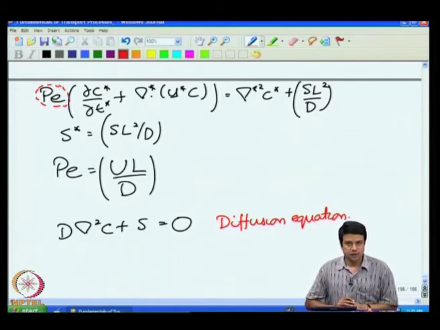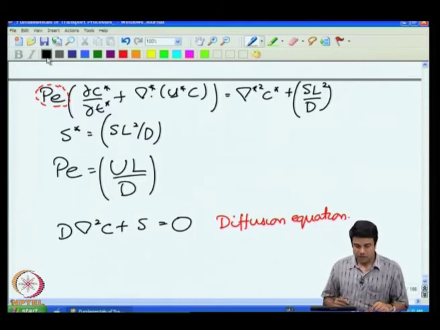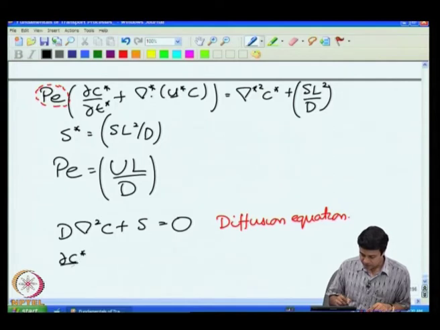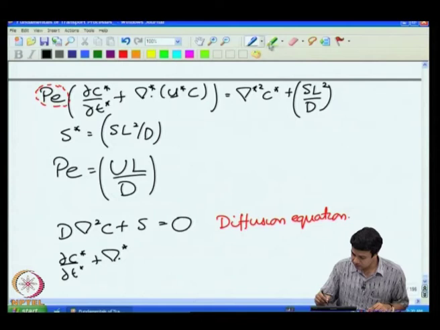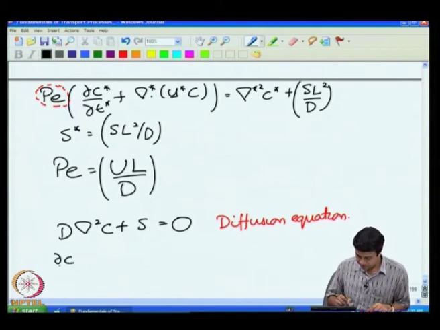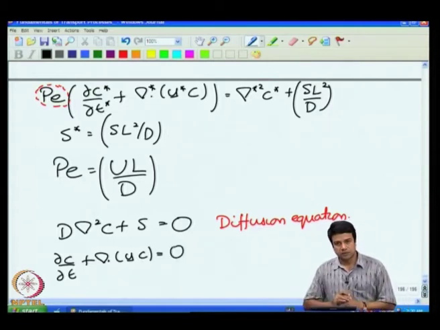On the other hand, in the limit of high Peclet number, one might think that one could just solve dC by dt plus del dot uC is equal to 0. One might think that this equation can now be solved.